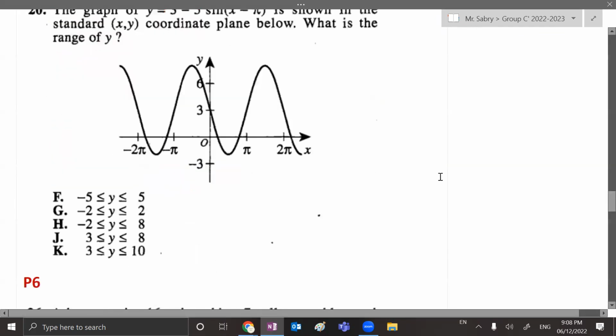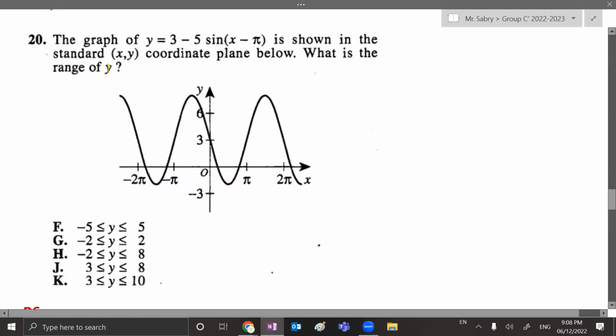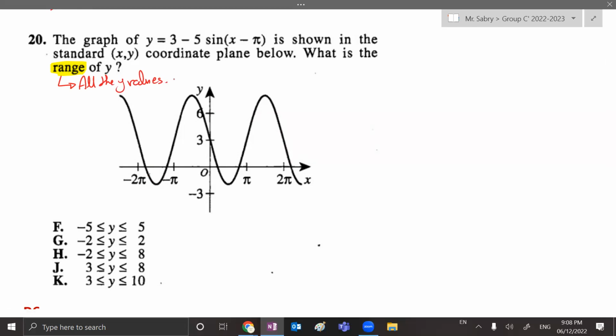Last one. That's pretty interesting. So what's the range? The first thing, the key to start with, is the word range. What's the range of y? The range is supposed to be all the y values. So the range is the highest value of y and the lowest value of y, meaning where it starts on the y and where it ends on the y.